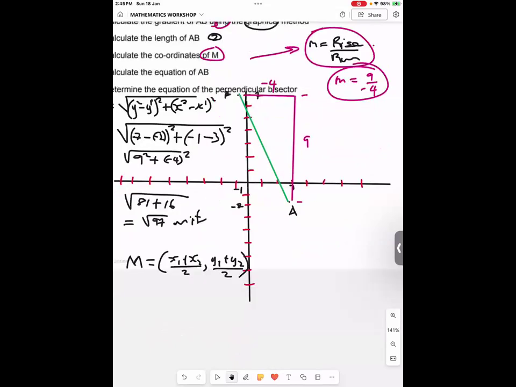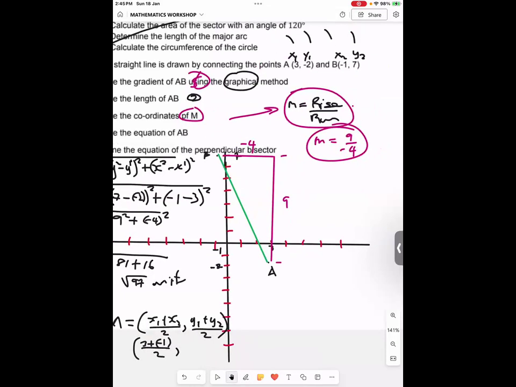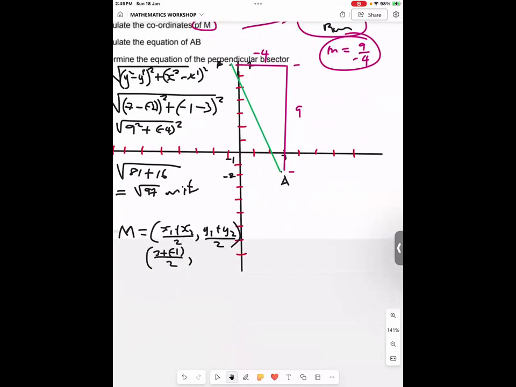So that's going to be equal to 3 plus negative 1 over 2, comma, y1 and y2 is negative 2 and 7. So that's negative 2 plus 7 over 2. Now 3 plus negative 1 is positive 2 over 2, comma, negative 2 plus 7 is going to give us 5 over 2.